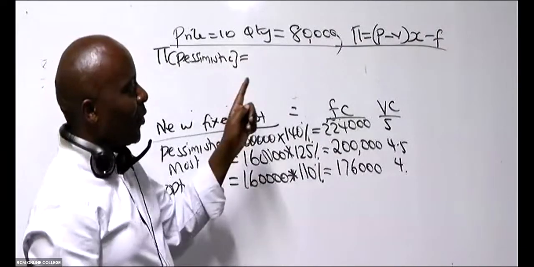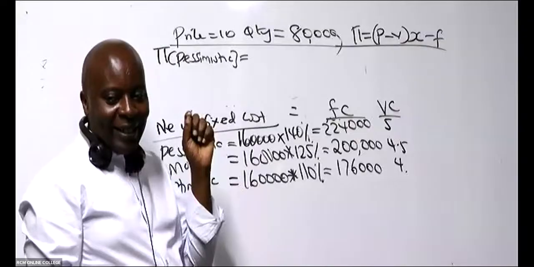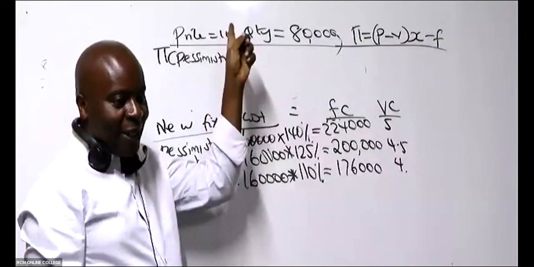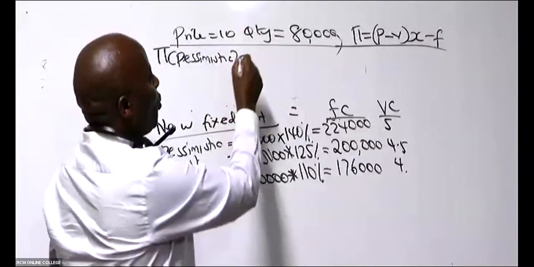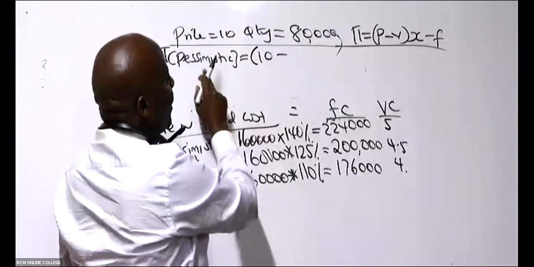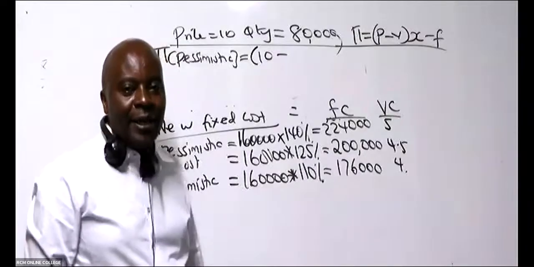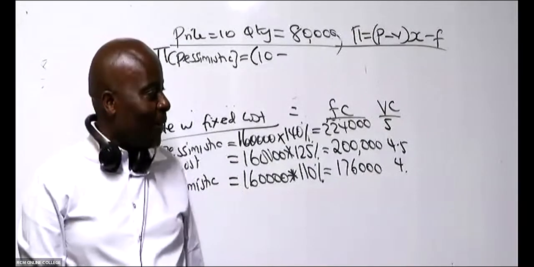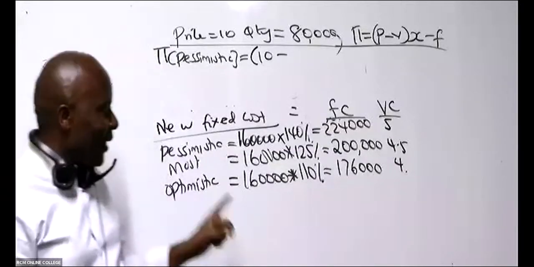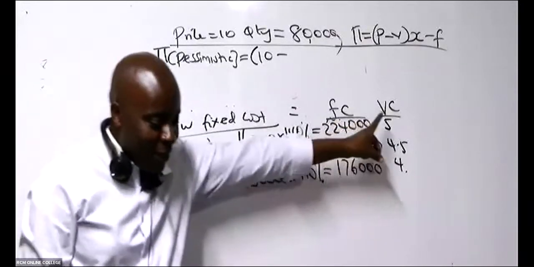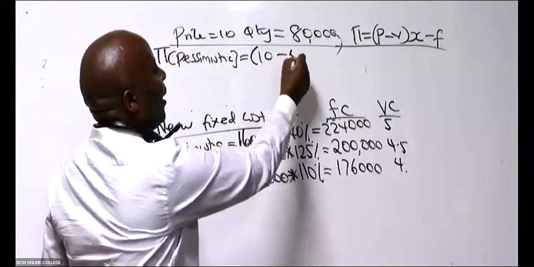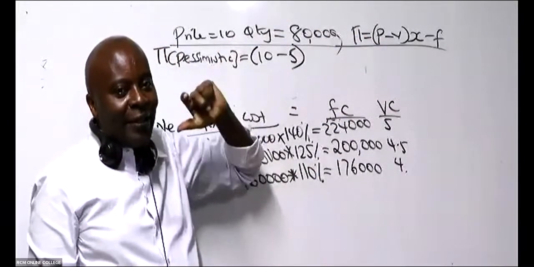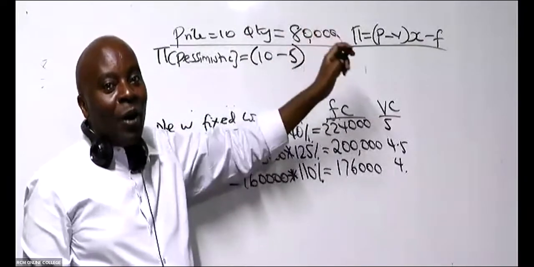Do we know the selling price we're going to charge? It is going to be 10 throughout. If the pessimistic environment prevails, what will be the variable cost? Pessimistic is 5, multiplied by our quantity, following that equation for profit planning.